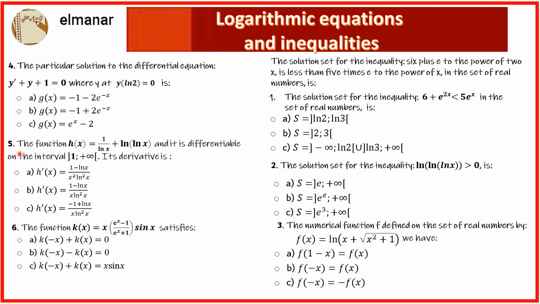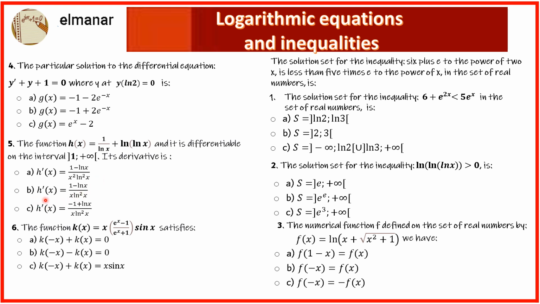Question 5. The function h of x equals 1 over the natural logarithm of x plus the natural logarithm of the natural logarithm of x, and it is differentiable on the open interval from 1 to positive infinity. Its derivative is A. h prime of x equals 1 minus the natural logarithm of x, all divided by x squared times the natural logarithm squared of x.